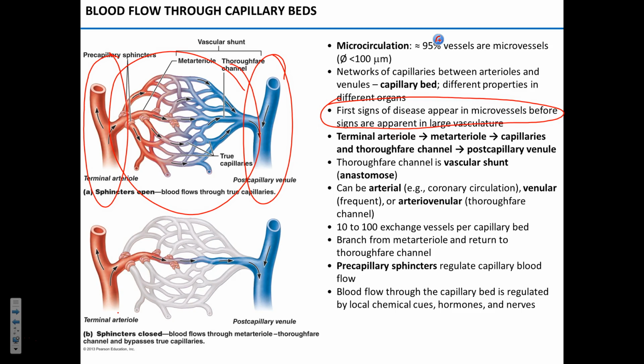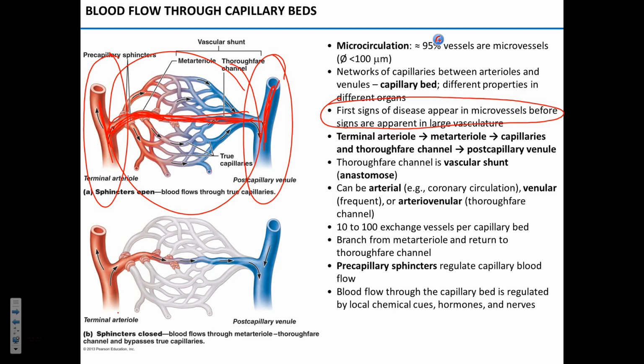The blood flow through the capillary bed can be described as terminal arteriole, which enters mid-arteriole, which then delivers blood through the thoroughfare channel to the postcapillary venule. Now, this is called a vascular shunt, mid-arteriole plus thoroughfare channel. Okay, why is it called a vascular shunt?